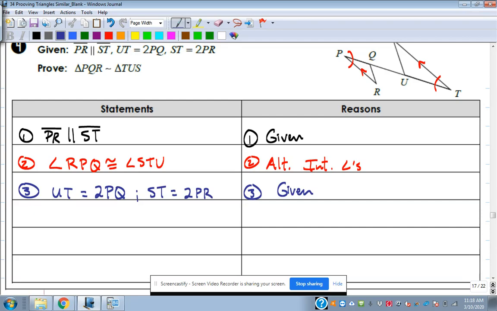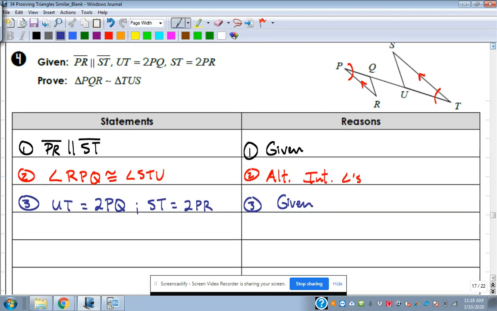So we're trying to prove that triangle PQR, this little triangle over here on the left, is similar to the larger triangle on the right. And we've got an angle. So we're trying to get what way of getting them similar since we have an angle? Side angle side. And this given is about sides. Okay, so what has to be the same for our side angle side similarity?